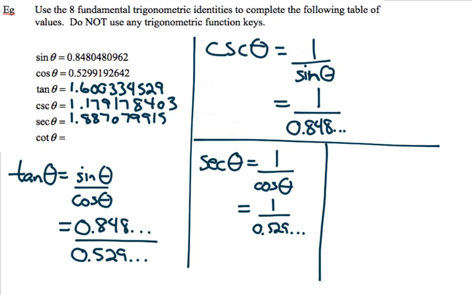Last one is cotangent. We've got a couple of options. Cotangent equaling 1 over tangent, but again, tangent is second-hand information. Cotangent equaling cosine over sine, that's a perfectly good option. Or the last option, cotangent squared plus 1 equals cosecant squared. But since cosecant is second-hand information, we'll go with cotangent equals cosine over sine.